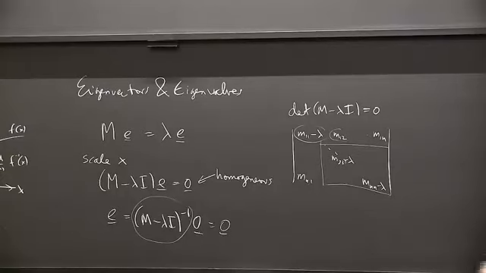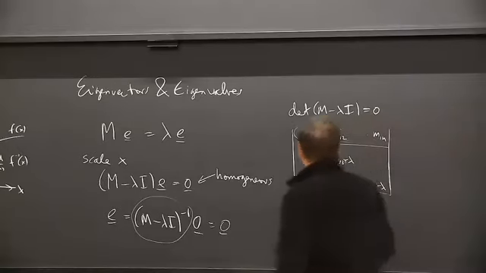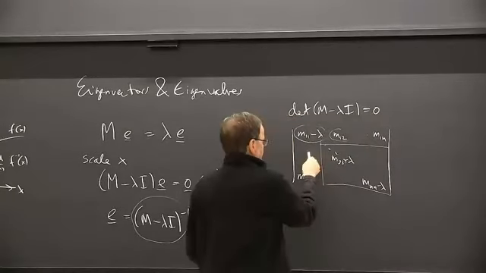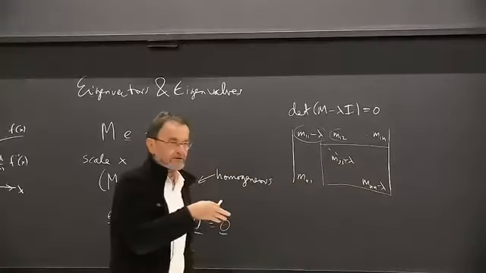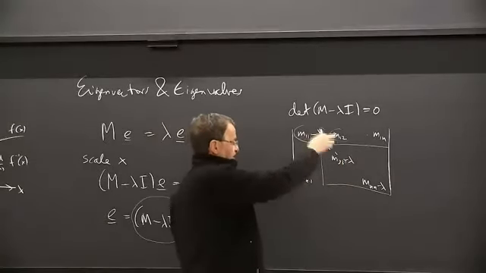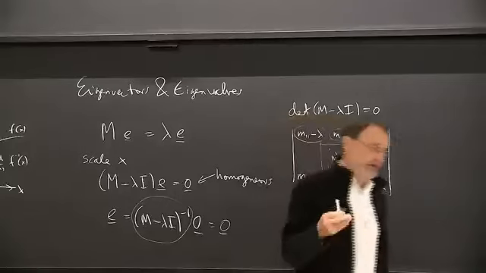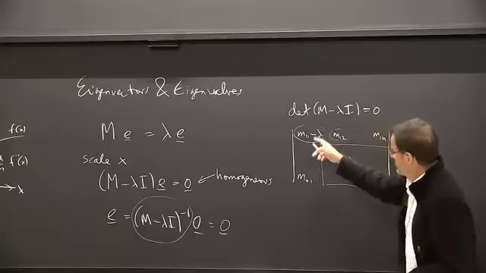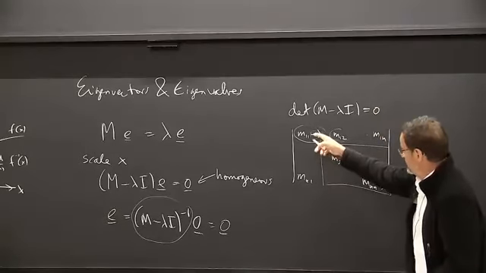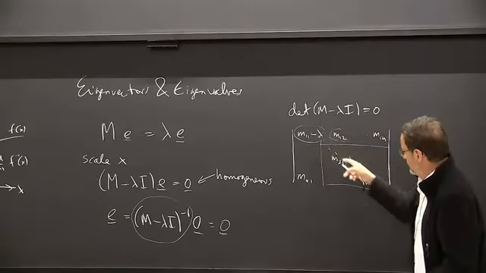Don't need to remember the exact formula. The key thing is that we're taking something from here and something from there and so on, never repeating columns or rows. And there are large numbers of ways of doing that, which is why it's actually computationally expensive. But the key thing is that we can get a term as large as this one along the diagonal in terms of lambda.